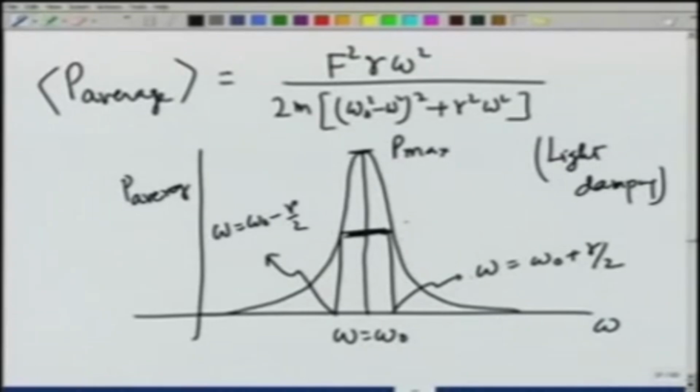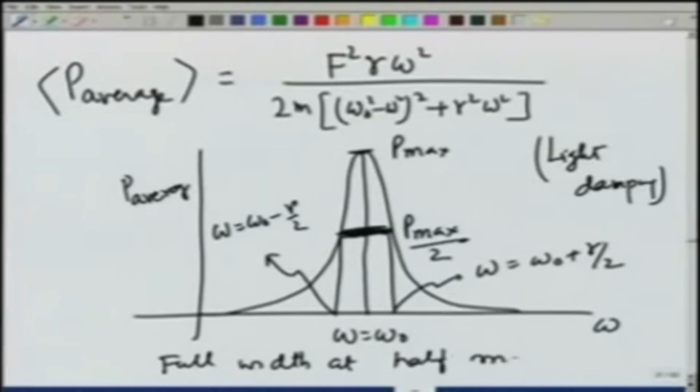At these two frequencies, this becomes P maximum divided by 2. So, the frequency width is gamma. This is known as the full width at half maximum.